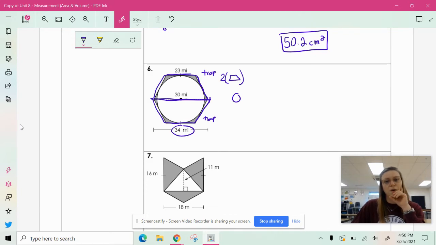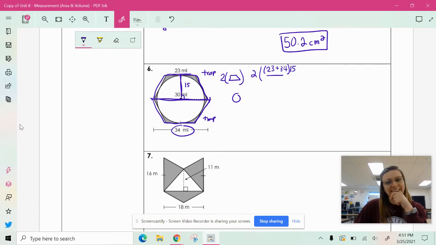So twice 23 plus 34 times the height. If the diameter of this circle is 30, then my height is half of 30, so this will be 15.